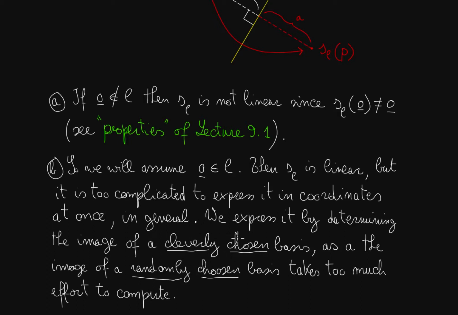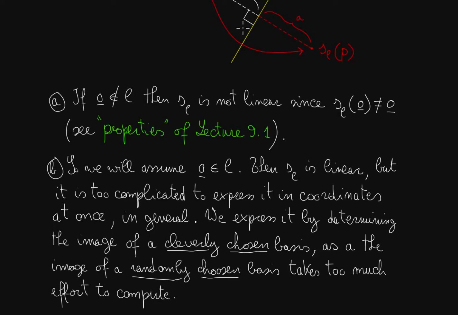Unlike the previous example, in this case, if we just pick a random basis of the domain, finding the image is rather complicated. We have to make these geometric constructions and use trigonometry in order to see the images of these two randomly picked linearly independent vectors.